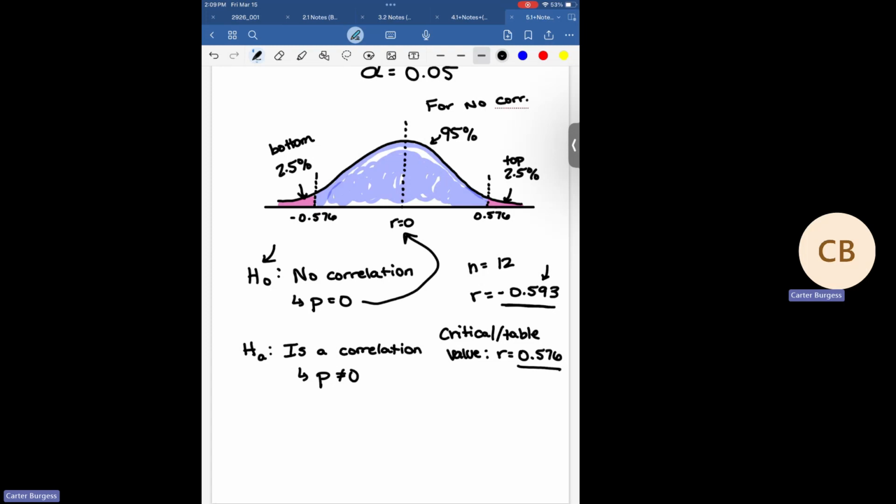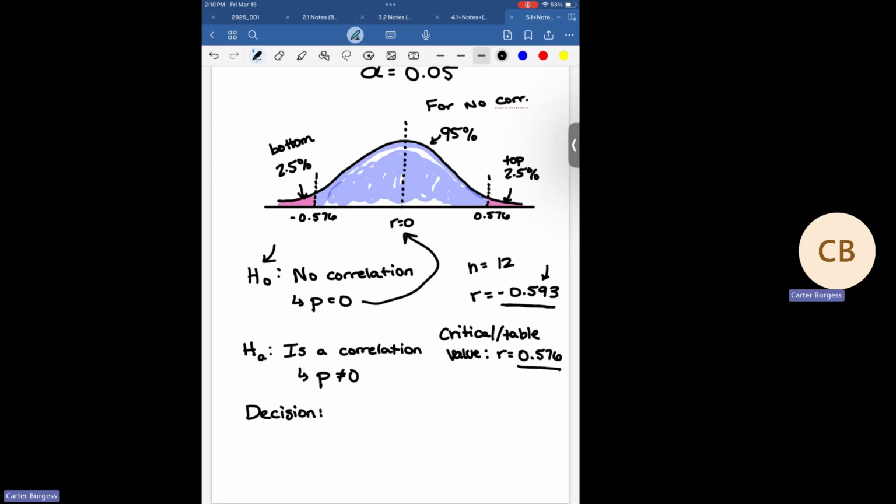It lives in the magenta region. The magenta region is where we should start to be suspicious of whether or not the null hypothesis is even true, and by suspicious, I mean we should probably start to suspect that it's not true. Because the likelihood of landing here or here only happens 5% of the time by random chance. It's so strong that we don't have a lot of confidence that this is the framework of reality.